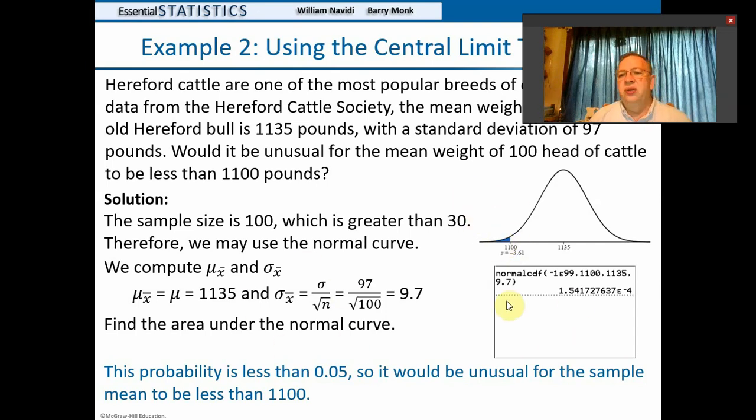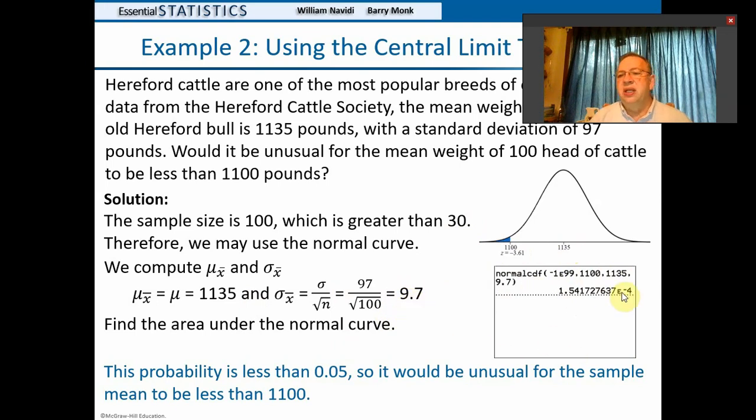Here's the normal CDF, -1E99 for the left endpoint, 1100 for the right endpoint. 1135 is the mean, and the standard error of the sampling means is 9.7.